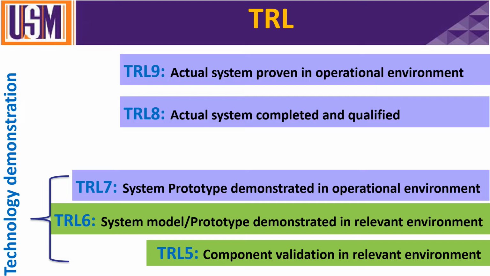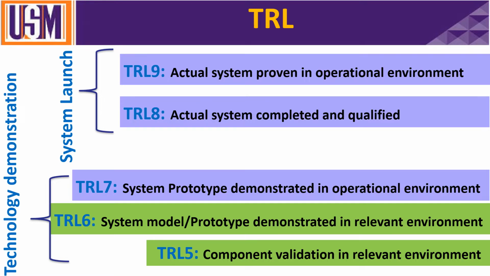So you do a test run for some time in the actual environment and make sure that it works properly, is proven already. So these two TRLs are known as the system launch. So you launch the system, you are ready to demonstrate it and bring it to commercialization.